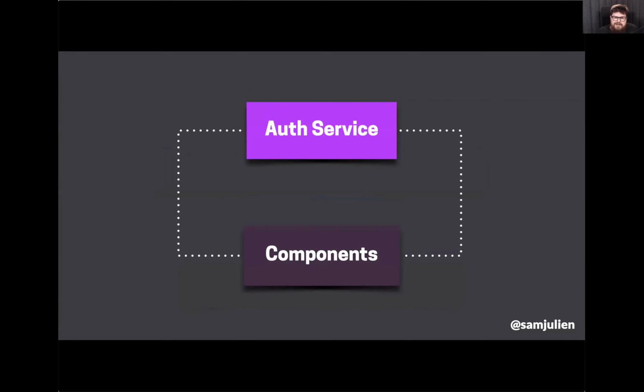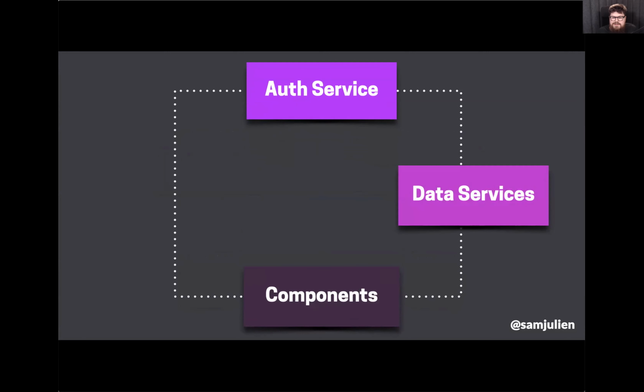And we said earlier that we have this kind of two-way communication between the auth service and the components. And what we do usually is we also have our data services in there, and we have the auth service interact with our components, and maybe we also use the auth service, or maybe add an interceptor to add the token to our outgoing calls to the API.